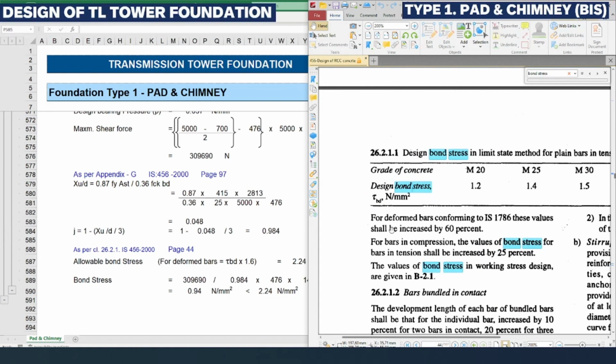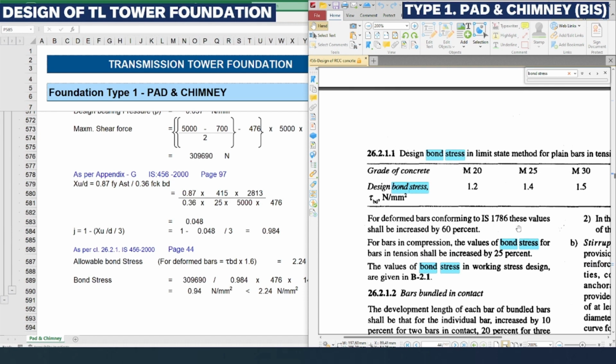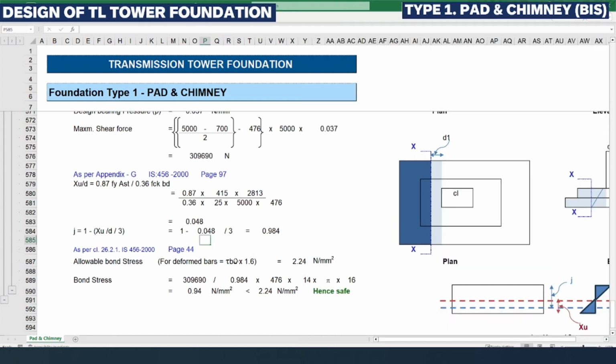As we are using deformed bars conforming to IS 1786, this is to be increased by 60%. So as per our grade it is 1.4 multiplied by 1.6. The allowable bond stress is 2.24 Newton per millimeter square.